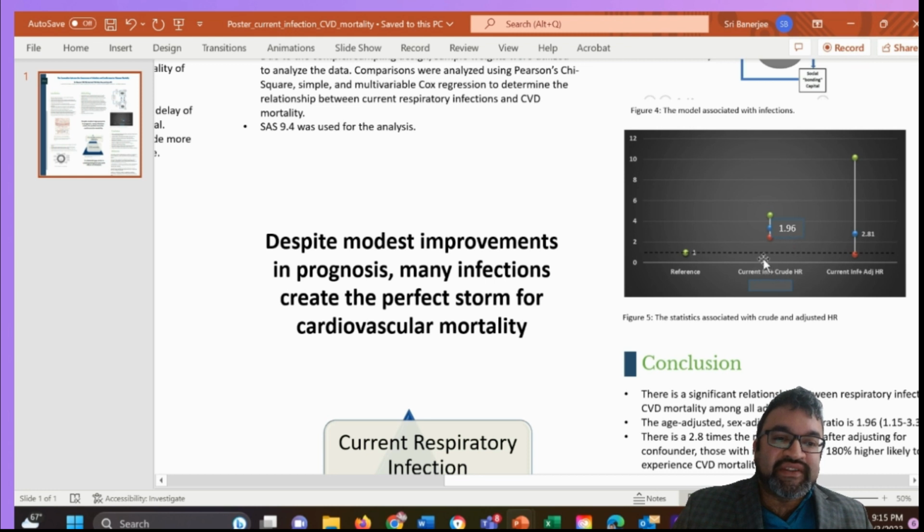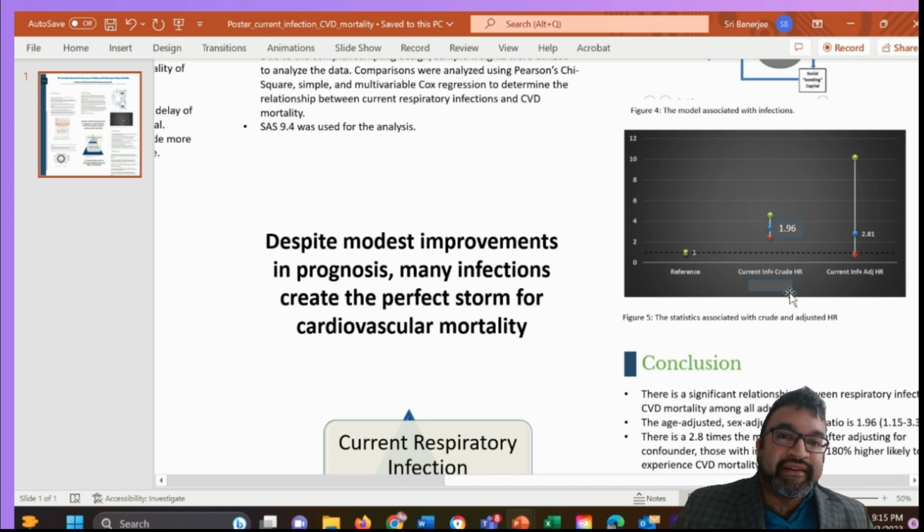So individuals that had current infection were 1.96 times more likely to die from cardiovascular disease. This is a very important finding because for the first time, there's a connection between infectious diseases and chronic diseases with cardiovascular mortality.